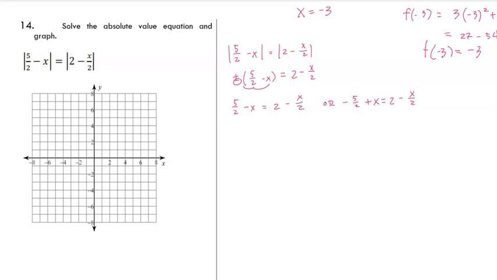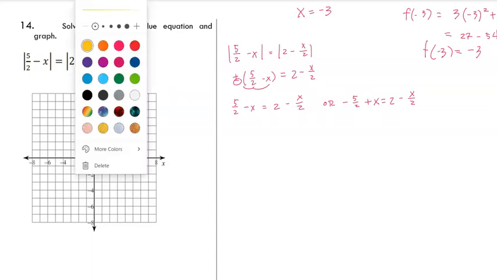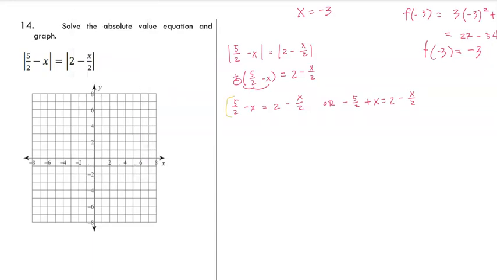Now, somebody was asking, Nikita was like, Ms. Oster, I don't want to solve fractions. So just multiply the whole thing by 2, that denominator. That's what I'm going to do.